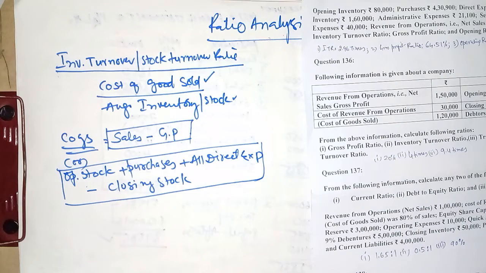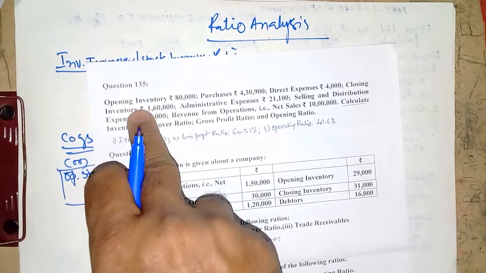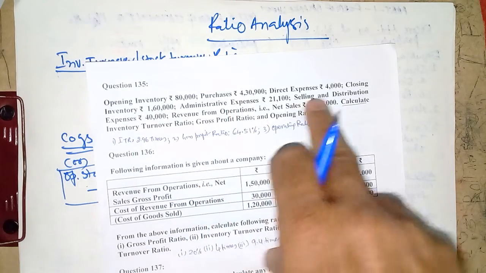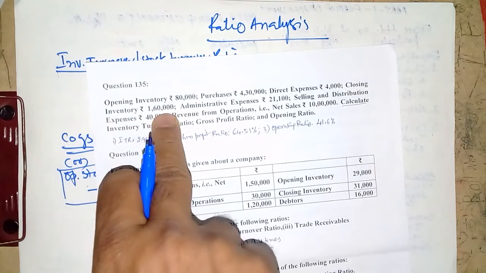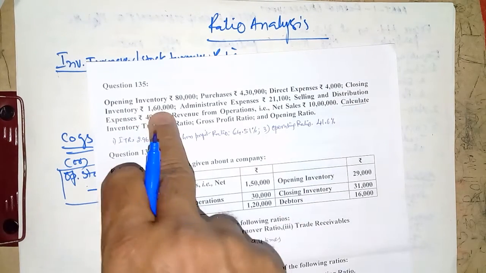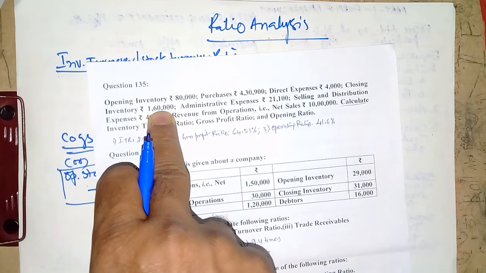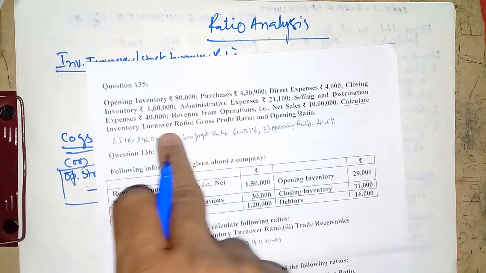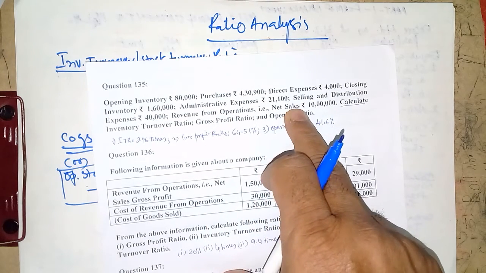When you see the information in this question, we have opening stock, purchases, direct expenses, and closing inventory. Besides this, we have admin and selling expenses, and we have sales information too, right?